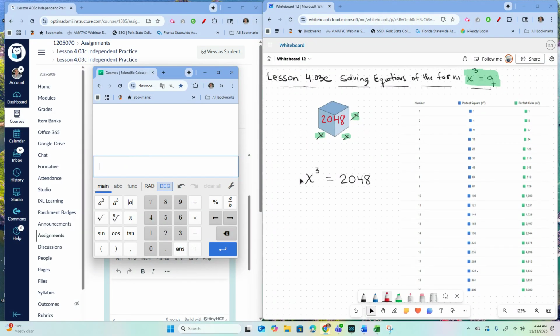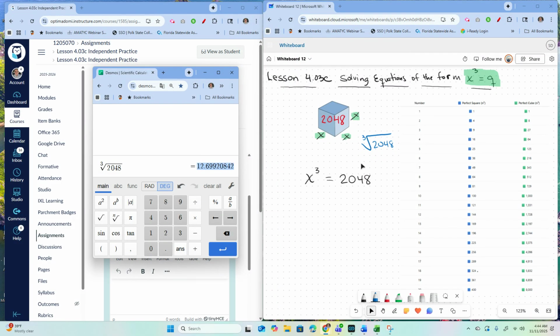Or put it this other way, if I use the calculator, I am going to do the cubic root of 2048. And look what happens. Cubic root of 2048. And you can see I get this long decimal.